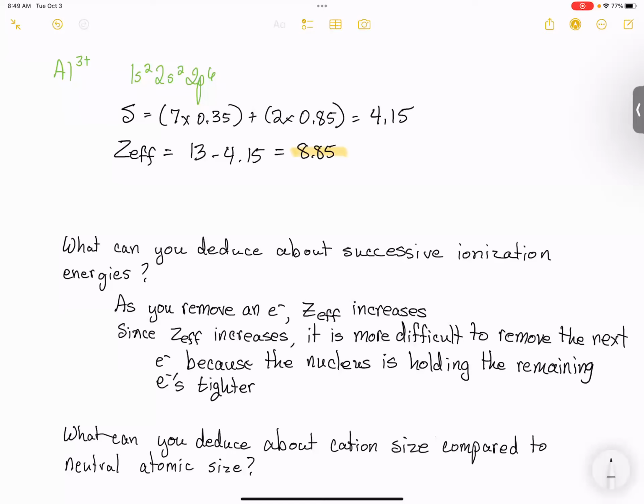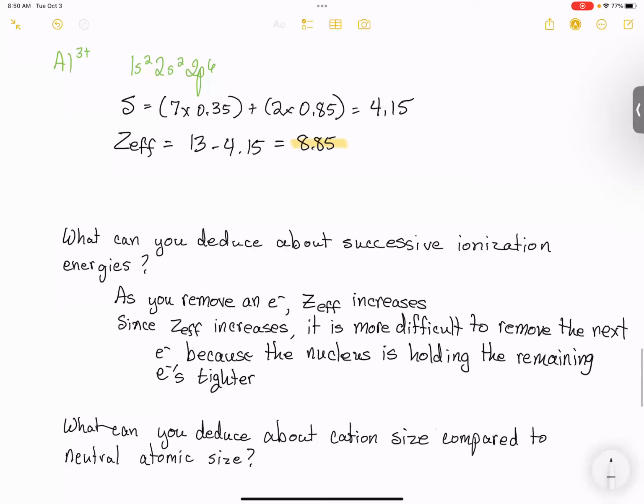Who else has the electron configuration 1s2, 2s2, 2p6? Neon. What is neon? A noble gas. So in other words, your noble gases have the highest Z effectives in their period. That means it's very, very difficult to remove another electron. So we see a dramatic jump in the Z effective when we get to the most stable form.